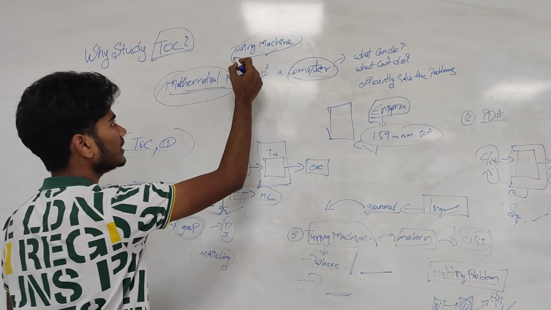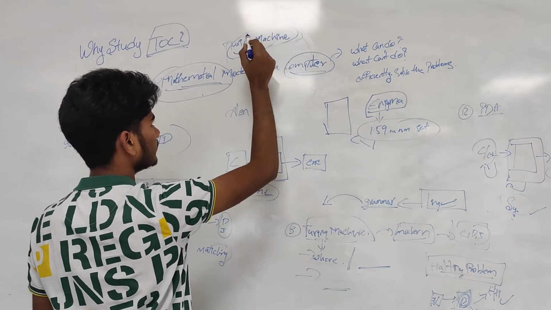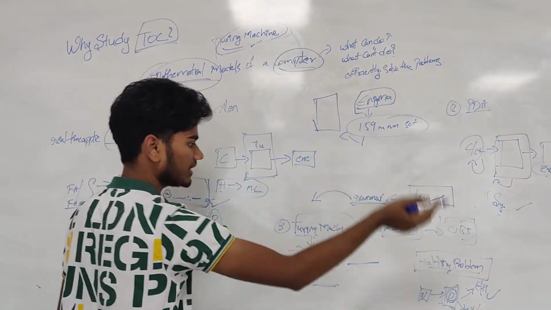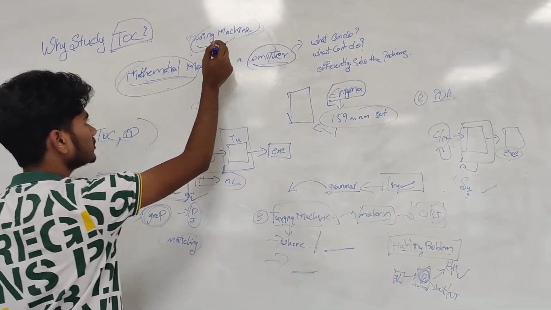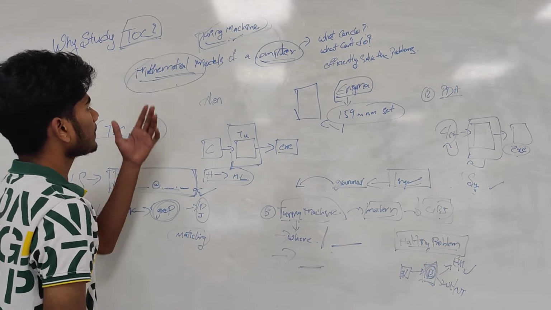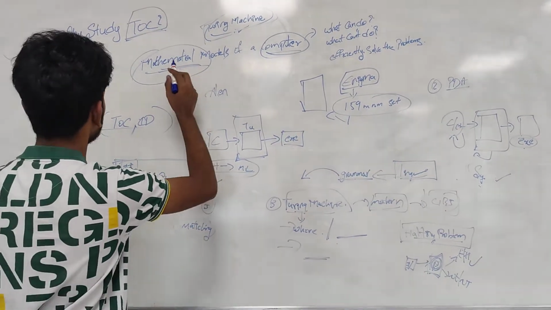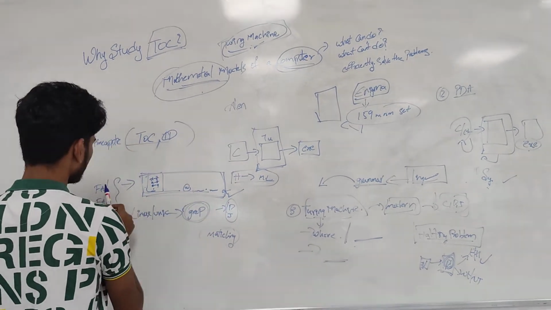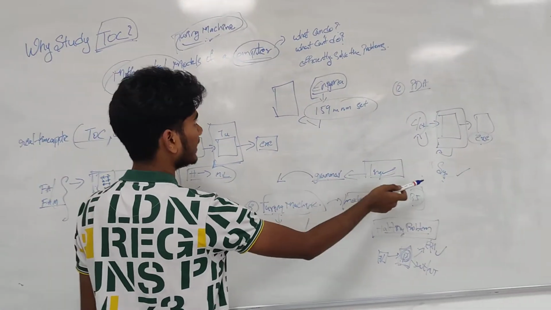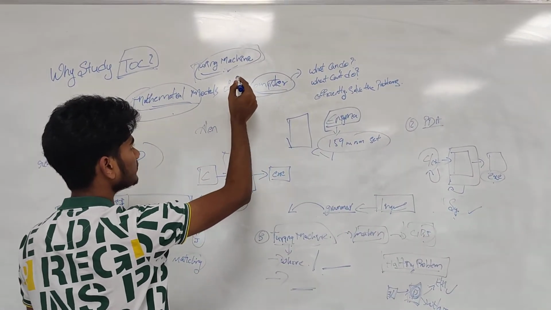He also proved that the halting problem cannot be solved through a Turing machine. So like this we will learn some of the problems from simplest to complex: finite automata and PDA, and then we'll come to the Turing machine.